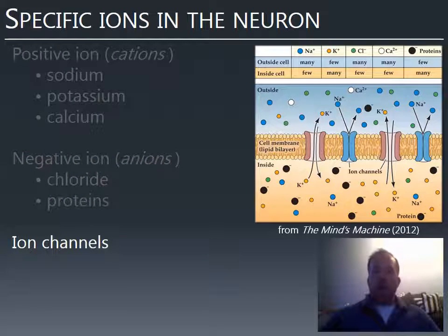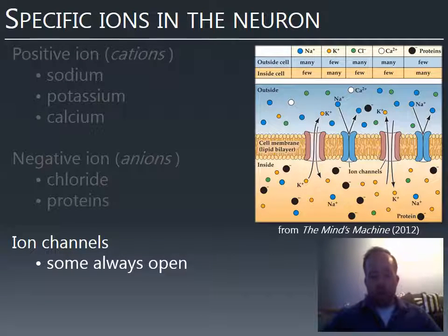And we have what are called ion channels, which are holes in the neuron's membrane. It's a way for ions to move across from one side to the other. Now, some of these ion channels are always open. So, for example, in this diagram, we have this potassium channel. It just sits there, and it's always open. So it lets potassium out, because there's a lot of potassium inside, not much out.